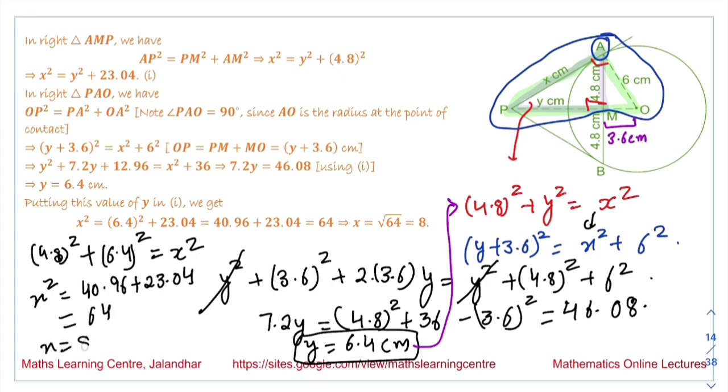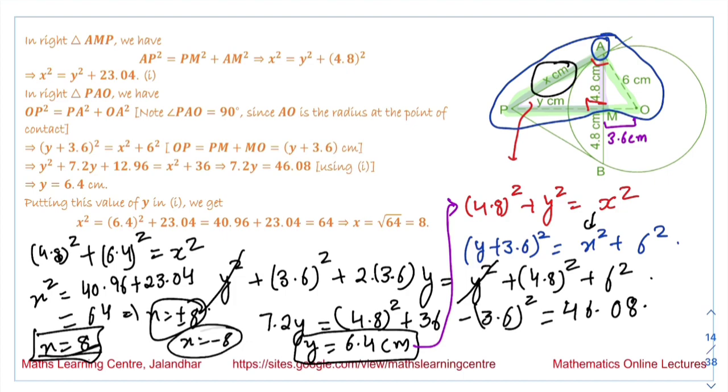So the value of x is 8, because we are not considering the negative value. Basically the value of x is plus minus 8, but x over here is the length, so we neglect x equal to minus 8, and we get x equal to 8 centimeters, and this is the required value.